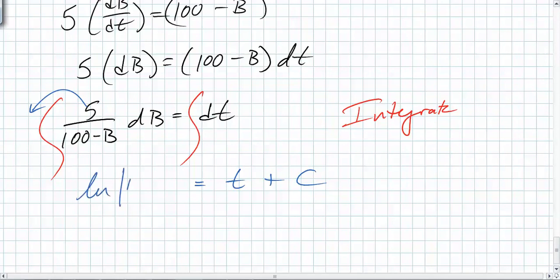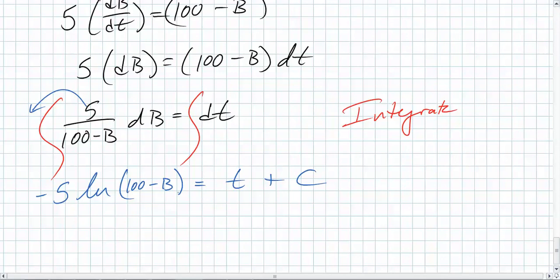ln of what? Absolute value, 100 minus b. And why is it negative? Because it's going to kick out that negative from the negative b. Yay! But are we done? We don't have to keep it absolute value because b is between 0 and 100. We kept the constant just on the right.